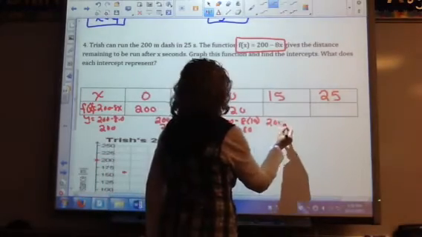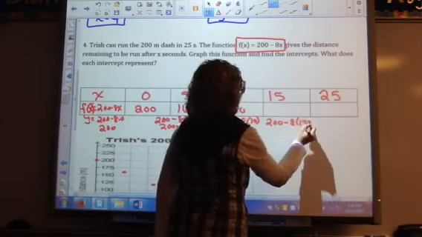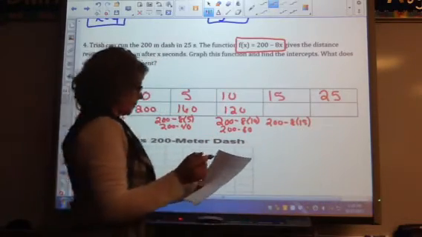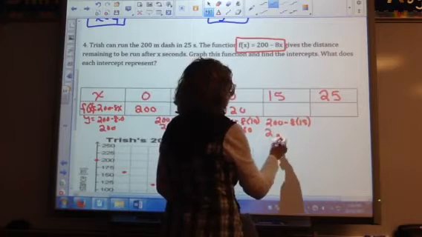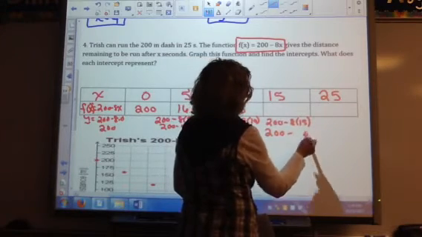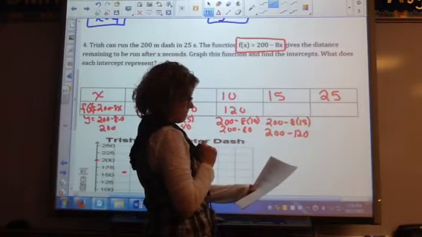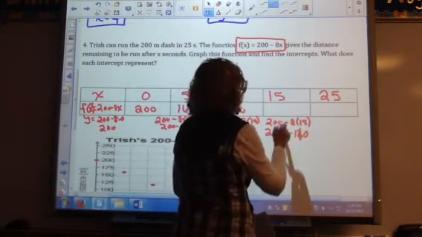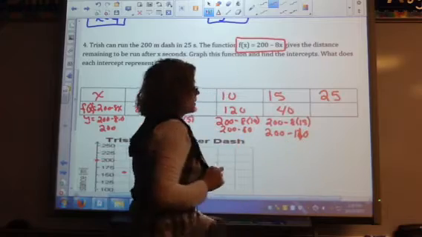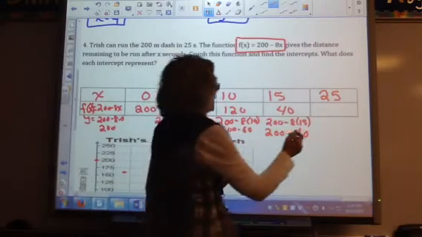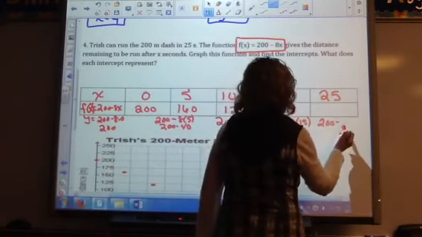And then we're going to substitute 15 for x. So 200 minus, what is that, 120? No, 160. 200 minus 160 is 40. And then we're going to substitute in 25 for x.